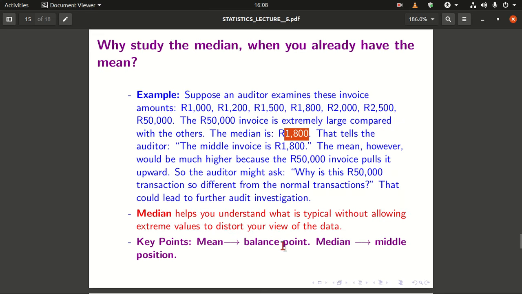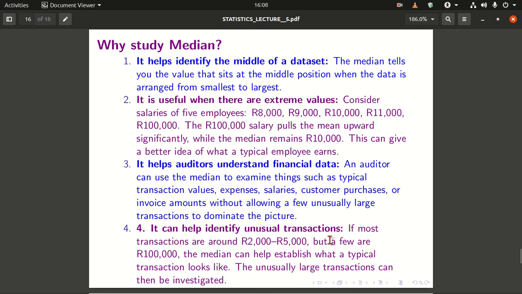So it's all about balance. The median is the middle position, and the mean is affected by too large or too small values, but the median is just sitting there. It's not going anywhere. Now, another example will be the median. It helps identify the middle of a data set. What is the middle position?